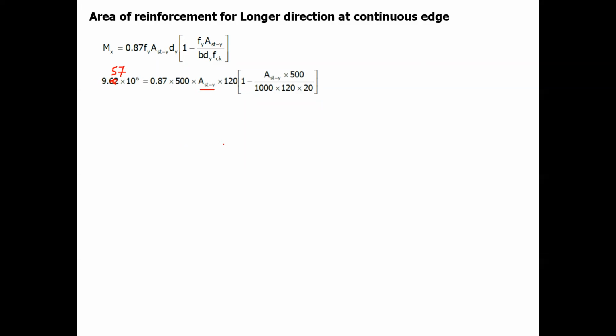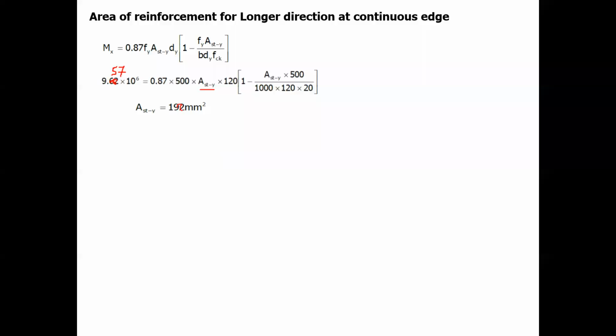So how much you are getting, Ast y? 190.92. Okay. So you're getting 190.92.